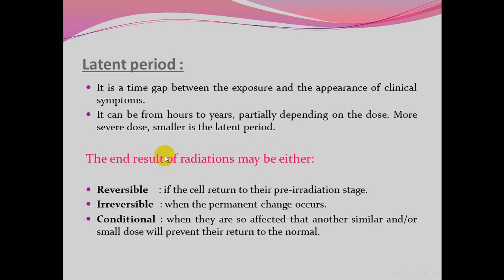Okay, the end result of exposure to radiation may be either reversible or irreversible, or it may be conditional or critical. What is the meaning of the reversible action of exposure to radiation? Reversible means that the cell will return to the normal state after exposure to radiation.